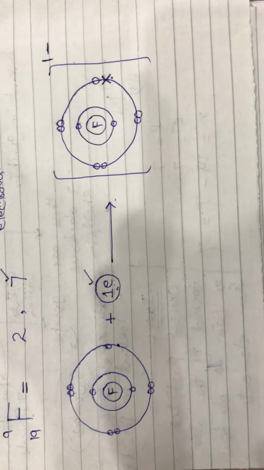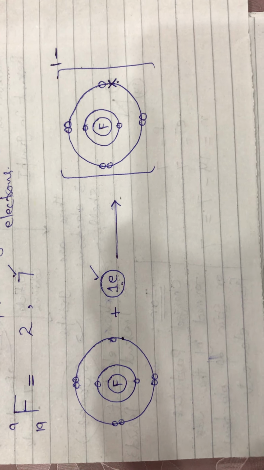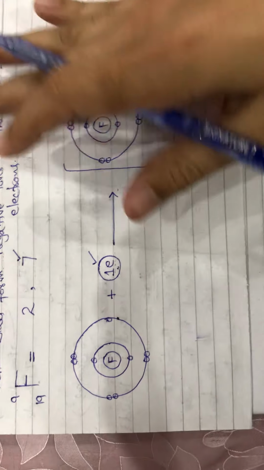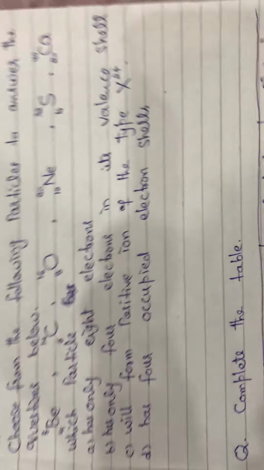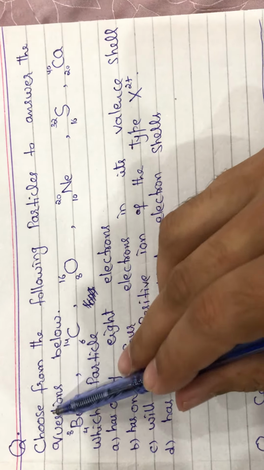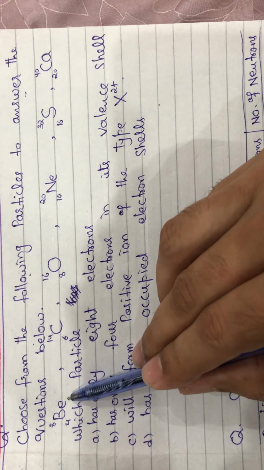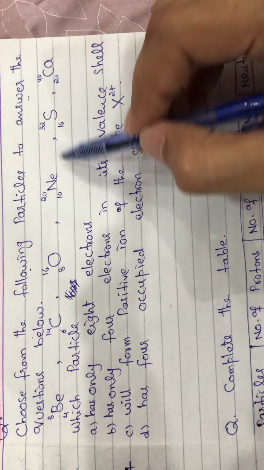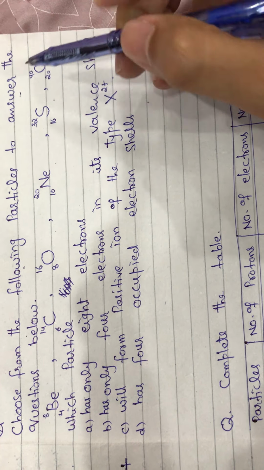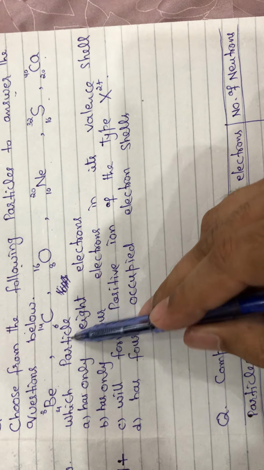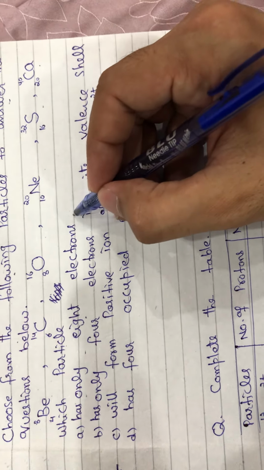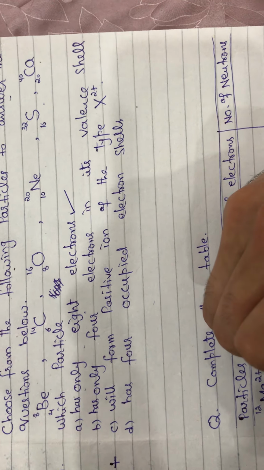Now we will discuss some of the questions related to this topic. The questions are like: choose from the following particles to answer the questions below. One is beryllium, carbon, oxygen, neon, sulfur and calcium. Which particle has only 8 electrons?